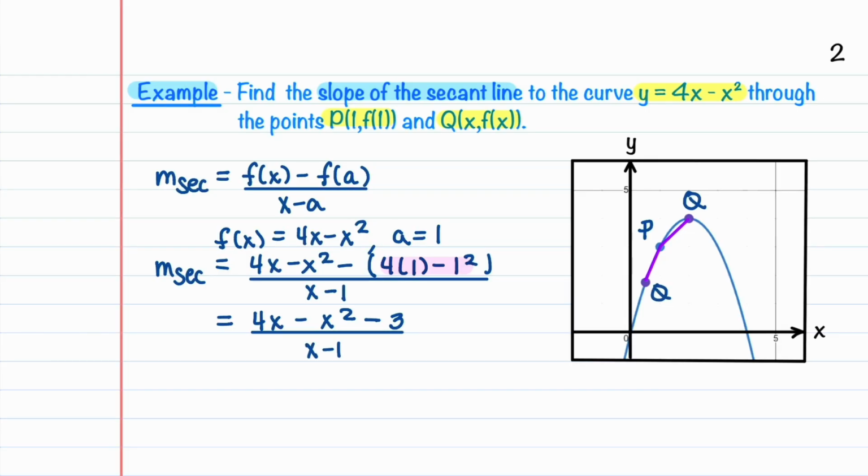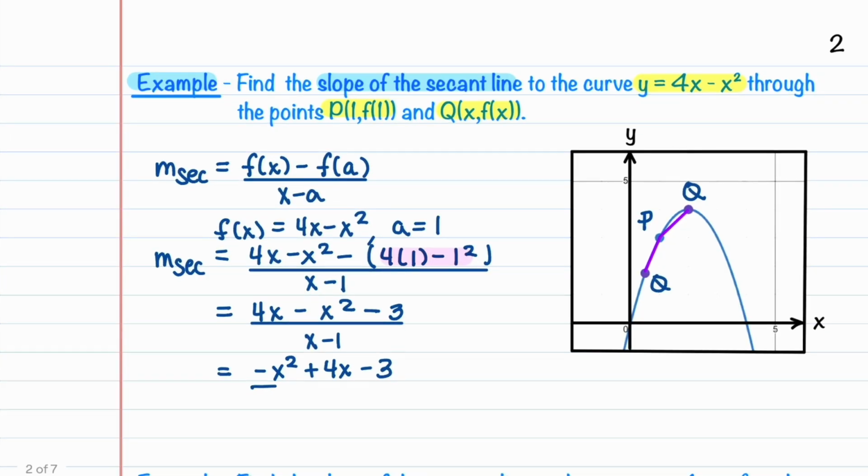Let's rewrite this so that we have our highest power of x first, and we get minus x squared plus 4x minus 3, all divided by x minus 1. And that's our answer: the slope of the secant line through points P, located at x is equal to 1, and point Q, located at an arbitrary point x.